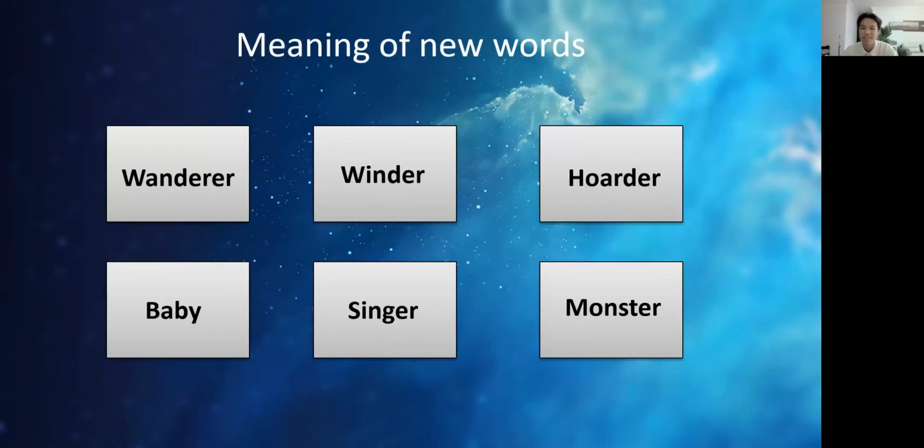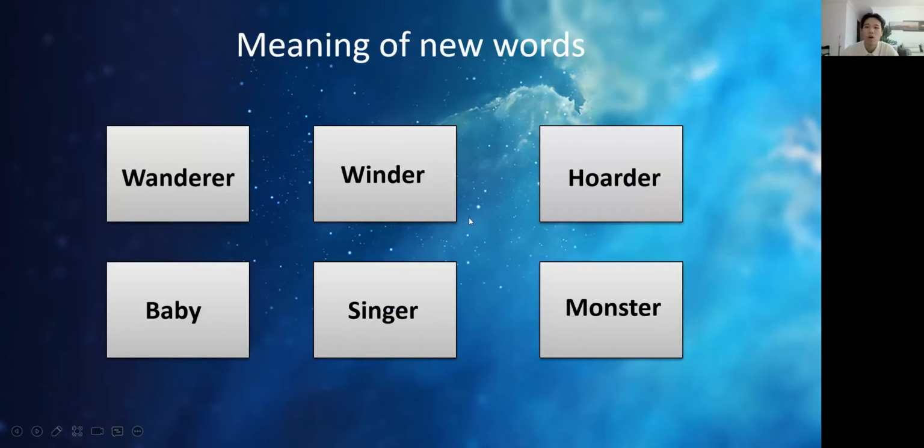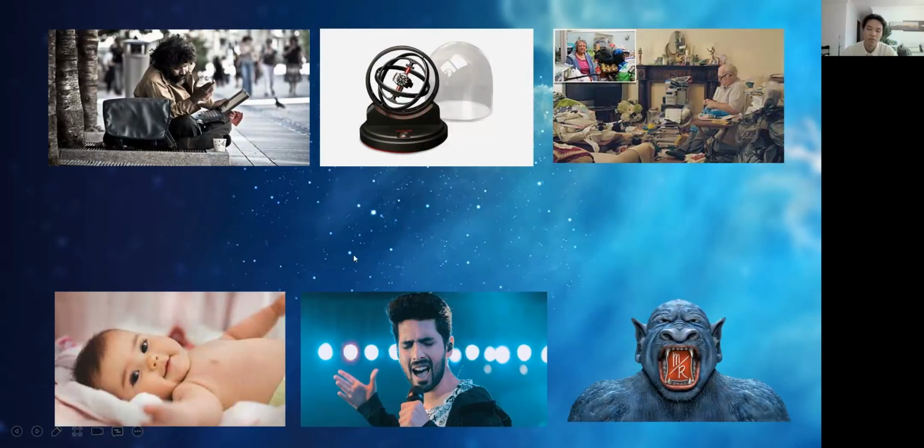This one is quite difficult to understand, but later when we read the poem, you may know the meaning. The third one means holder. Holder means a person who is messy and a bit dirty. The fourth one is baby. The fifth one, singer. And the last one will be monster.